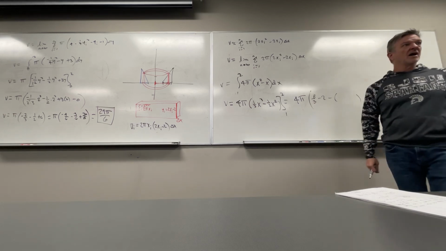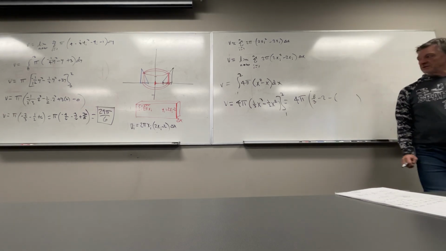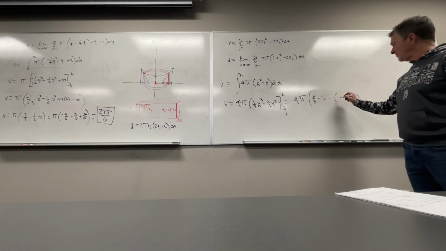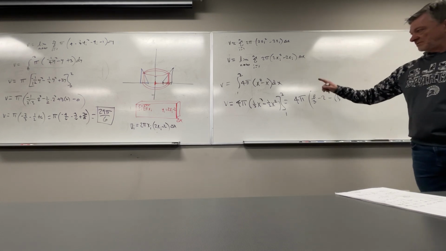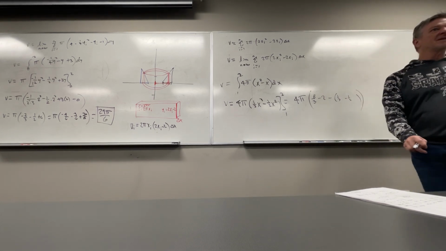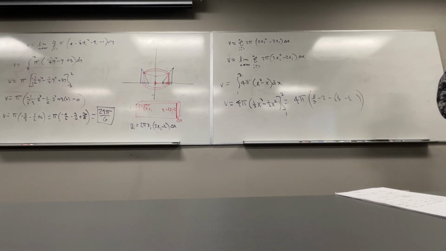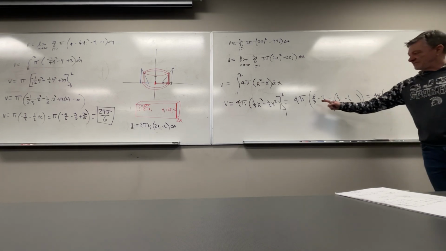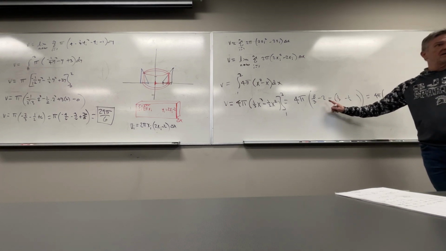Minus, now I've got some value here that I need to accommodate for. So 1/3 minus 1/2. Now, let's hope we got 29 pi over 6 out of all this. So we've got 4 pi. If I'm gonna combine those two, I have to turn that into thirds, right?